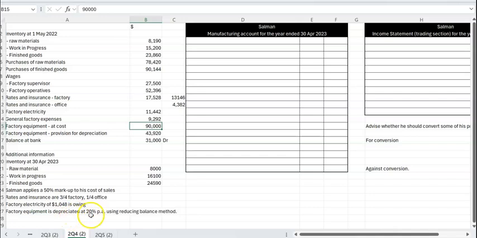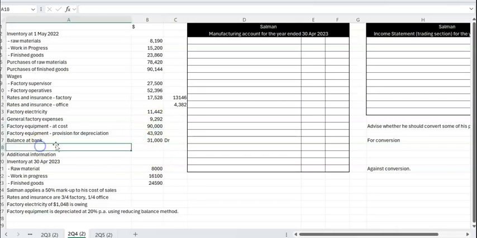And the last one is factory equipment is depreciated 20% using reducing balance method. So I'll add it down the bottom here, depreciation on factory equipment.